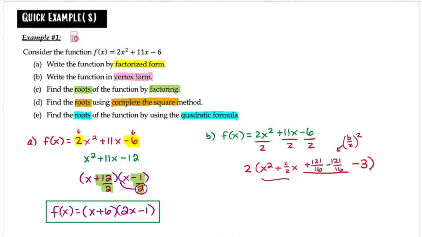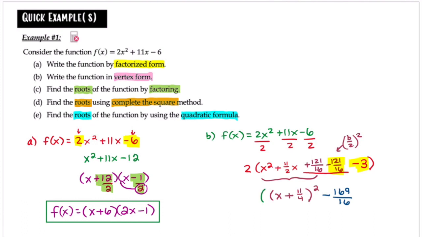The first three terms are your perfect square trinomial. So you're going to write x, you're going to take that b and divide it by 2. So what is 11 over 2 divided by 2? And that value is squared. We're going to take our two constants and merge them together.